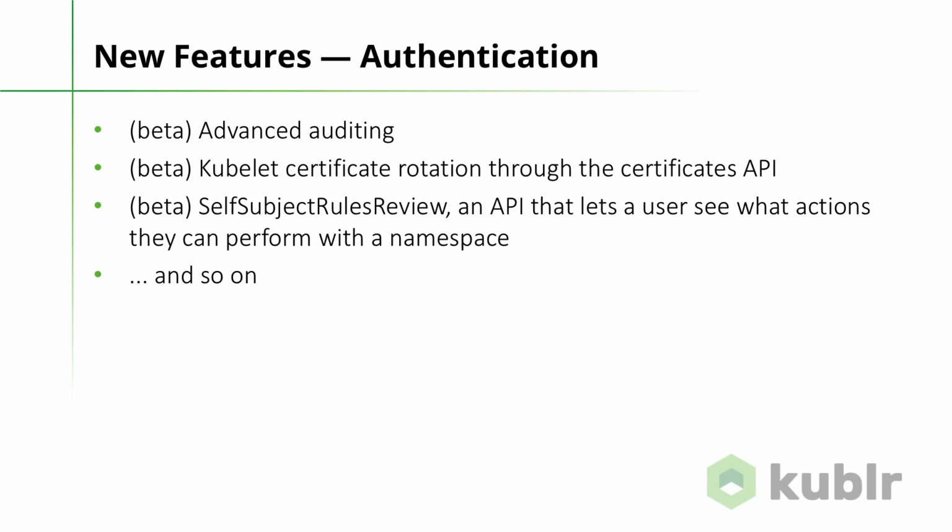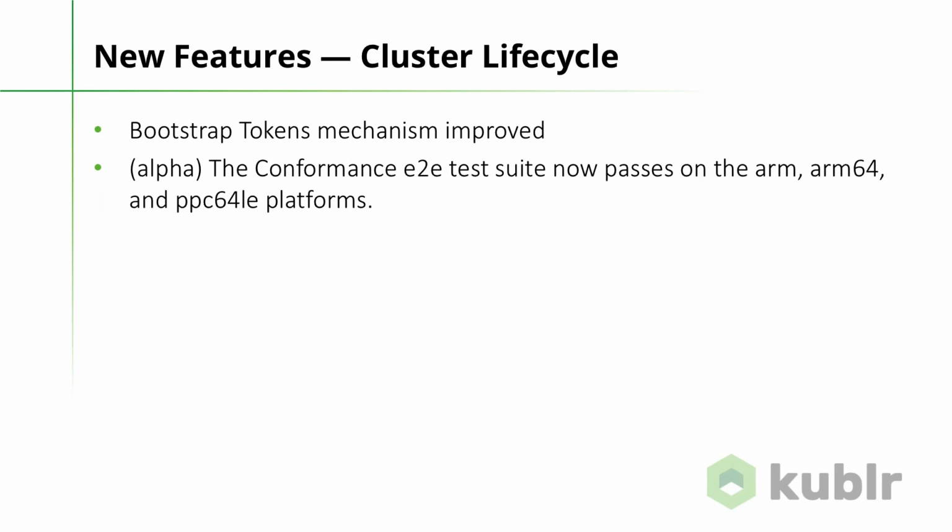Next, a set of features related to cluster lifecycle. First of all, in the previous version, Kubernetes had the bootstrap tokens mechanism. Now this mechanism has improved a lot, and it allows you to easily add new nodes to the cluster in a secure manner.